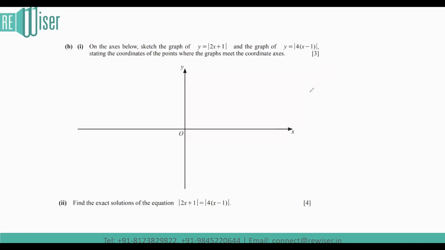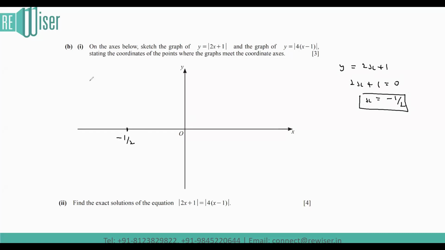If I'm drawing the modulus graph for the equation mentioned over here, which is 2x plus 1, we'll do it like this. We'll put 2x plus 1 equals 0. So we got x equals minus half. So minus half will be the center over here for this graph.